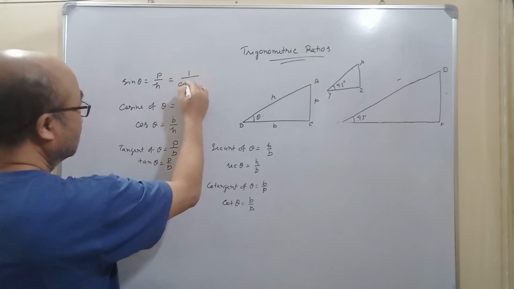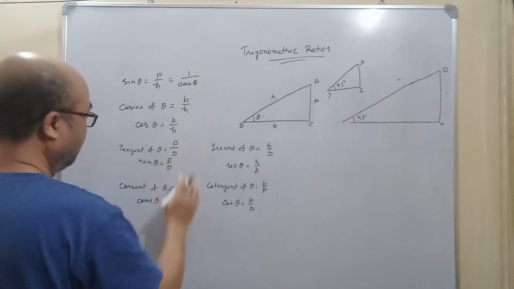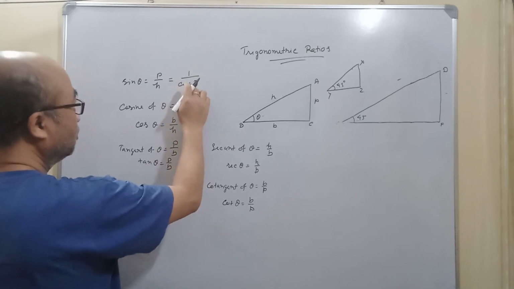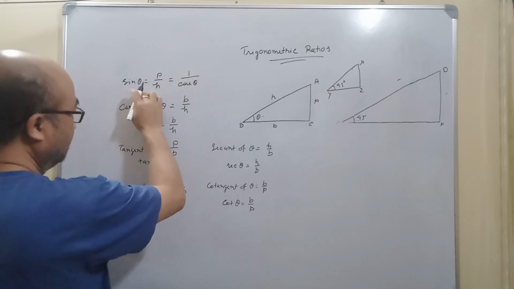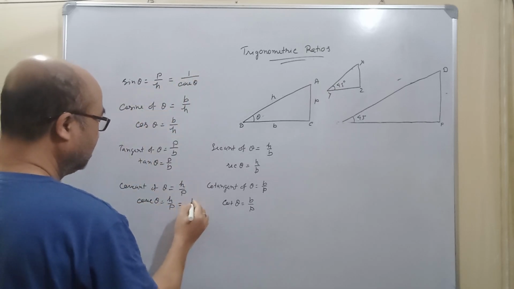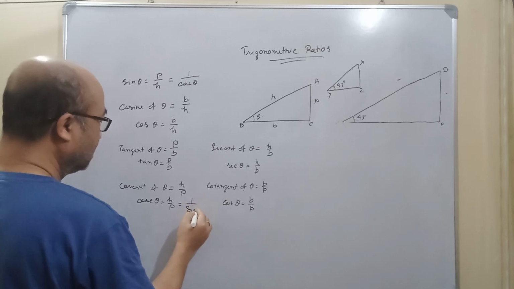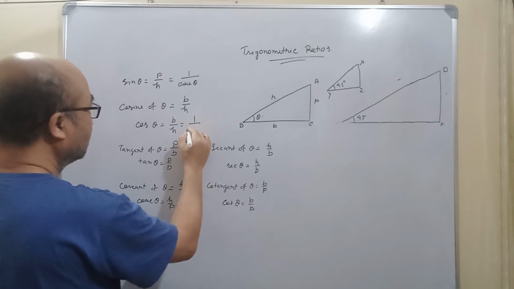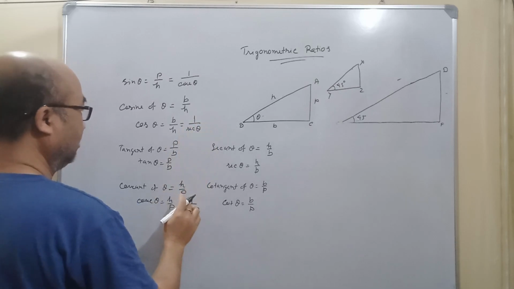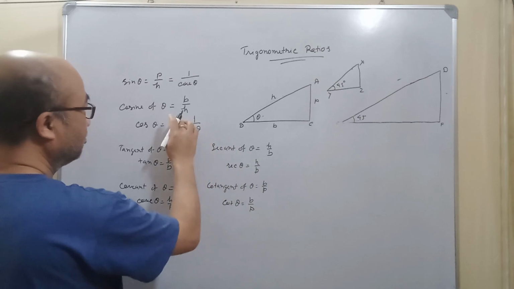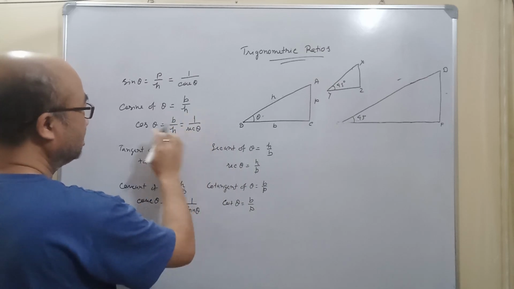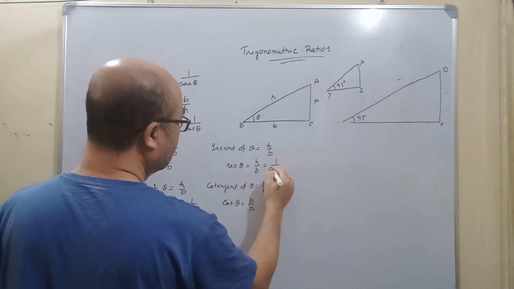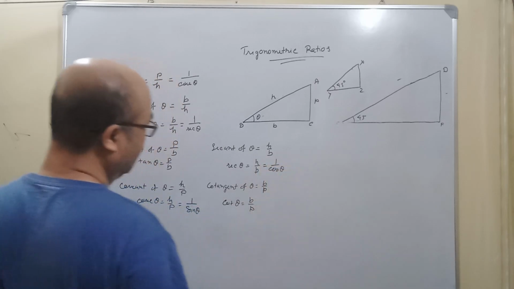One is cosec theta, it is H by P. So 1 by cosec theta gives sin theta, and cosec theta is 1 by sin theta. Similarly, this is H by B, B by H. So 1 by sec theta is cos theta, and sec theta is 1 by cos theta.